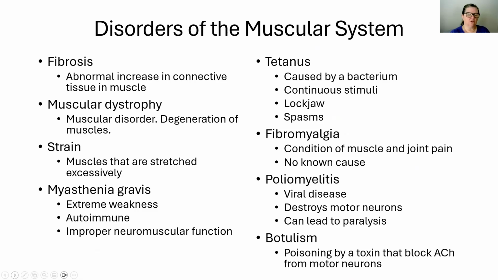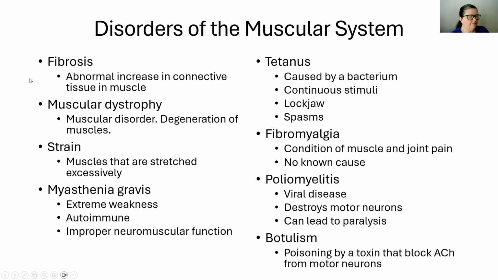Where you see more injury type muscular issues like sprains and strains, you're going to see that in orthopedics. But various disorders of the muscular system, based on where they originate from, usually you're going to see more with neurology or, like I said, pain and spine management. So just to run through these really quickly.